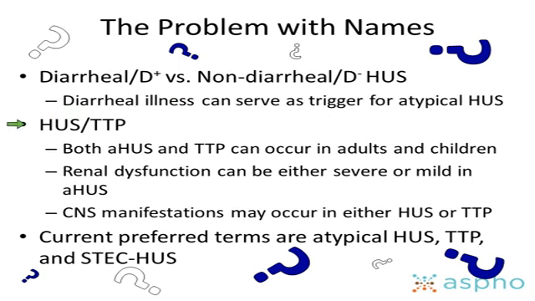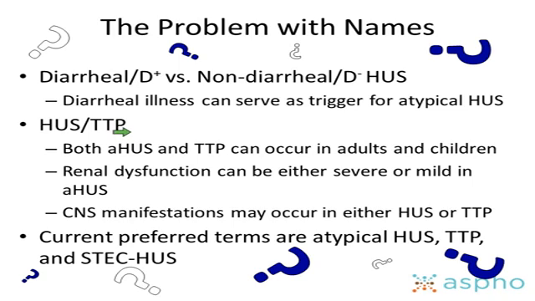Another term that has largely fallen out of favor due to its problematic nature is HUS/TTP. This connotes a spectrum of disease where HUS and TTP are essentially the same disease but different points on the spectrum.